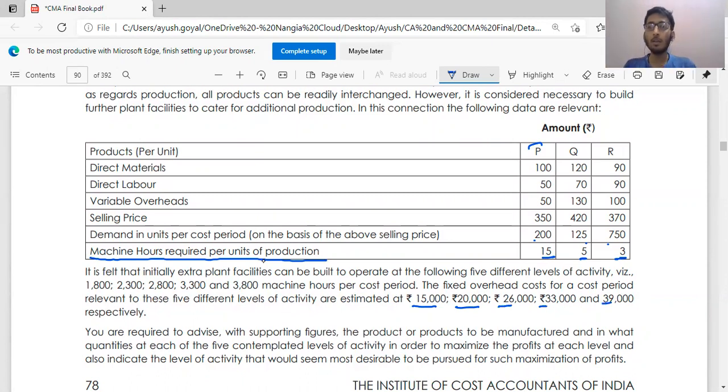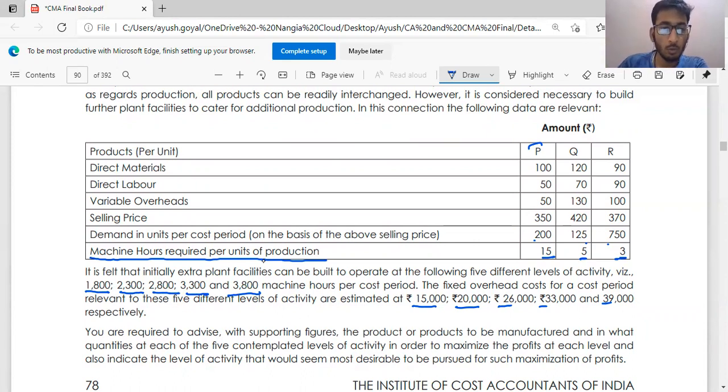So basically, we need to consider these 5 situations differently. Like suppose if I am having 1800 machine hours, if I'm having 2300 machine hours, if I'm having 2800, 3300, and 3800 machine hours. So basically, it is given to us that we can operate on these 5 different facilities.